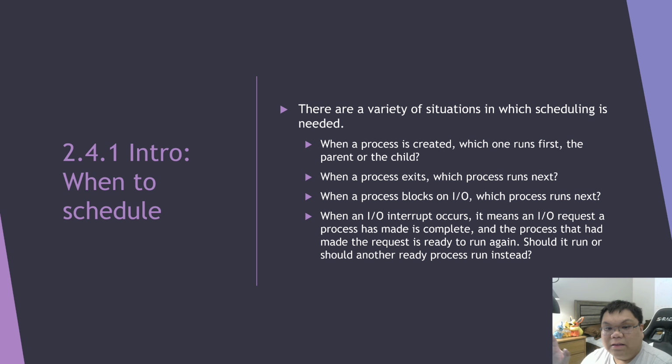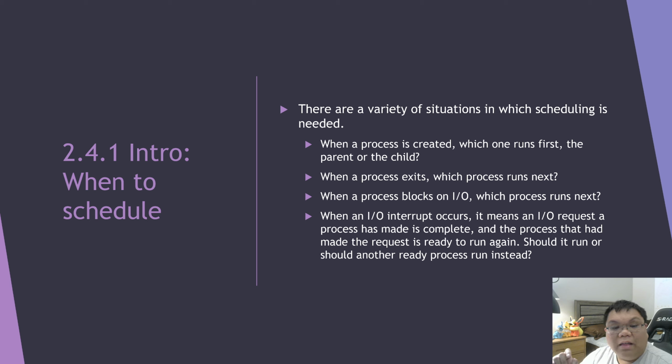There are a variety of situations in which we need to determine which process to run next. When we create a process using, say, the fork system call, do we run the parent or do we run the child? When a process exits, which process do we run next? When a process blocks on I/O, which process do we run next? And when an interrupt occurs, that means an I/O request has completed, and the process that had made the request is ready to run again.